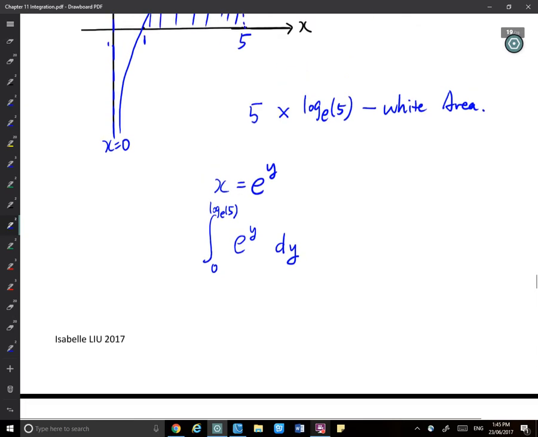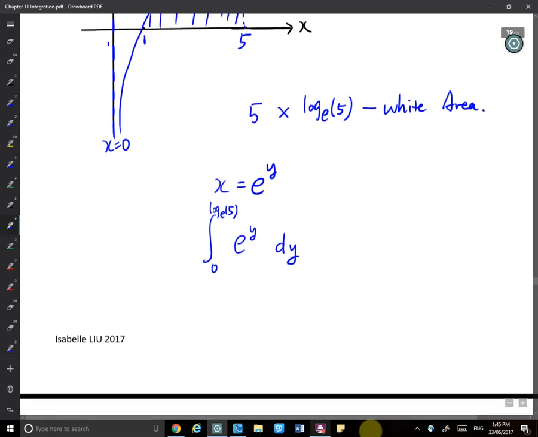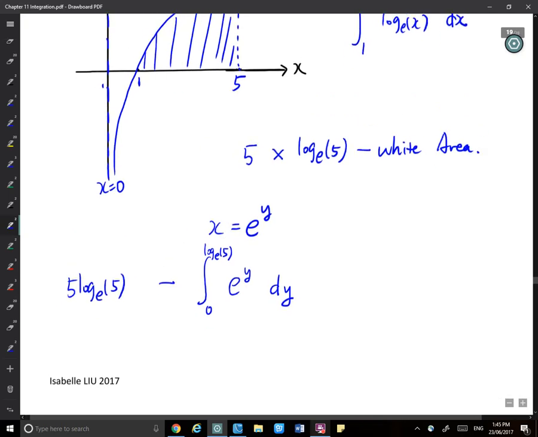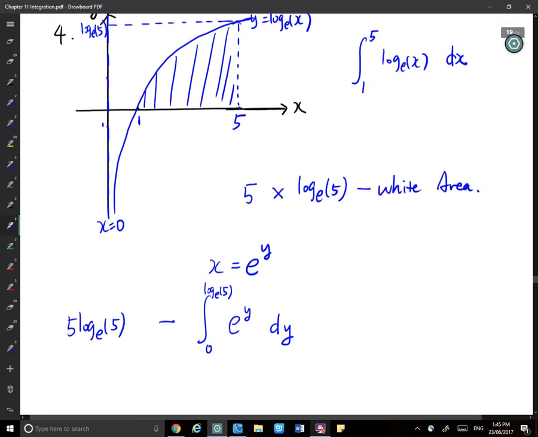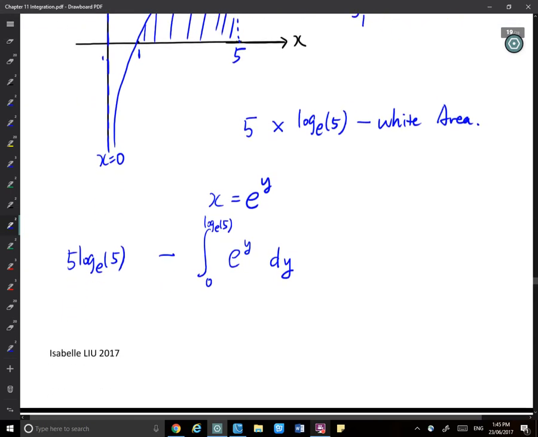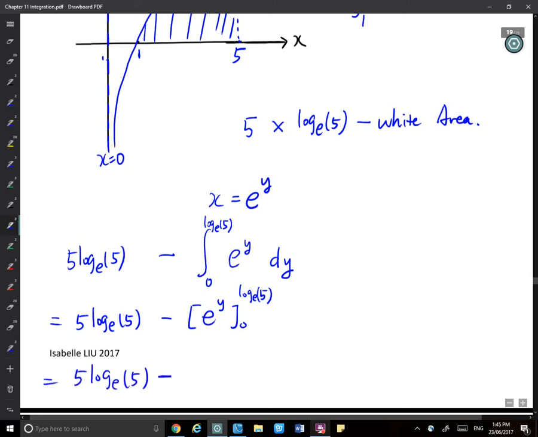And I'll use the white area to subtract that. So it's 5 log e 5. Use the rectangle to subtract this, and that will give me the shaded region. That's the white area, and subtract them, they are the correct region. So I will have 5 log e 5 minus e^y from 0 to log e 5.